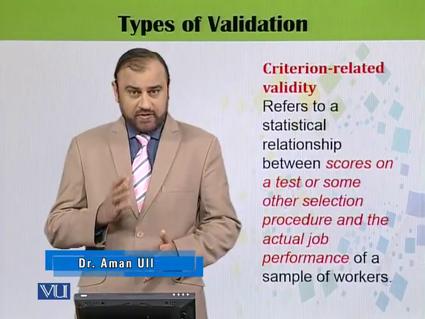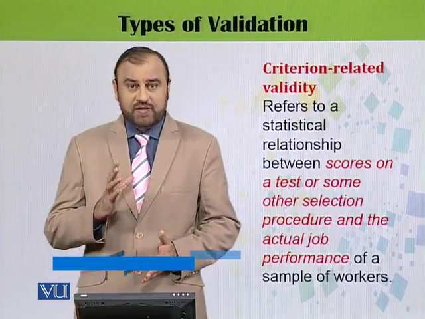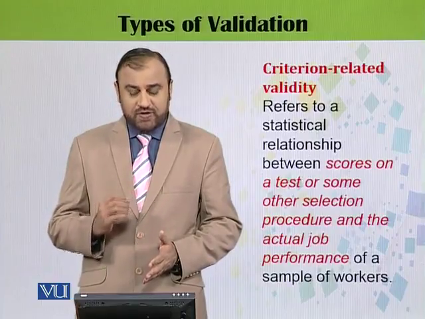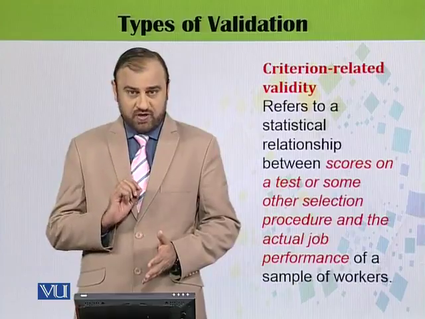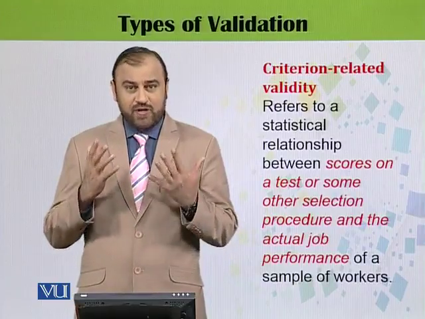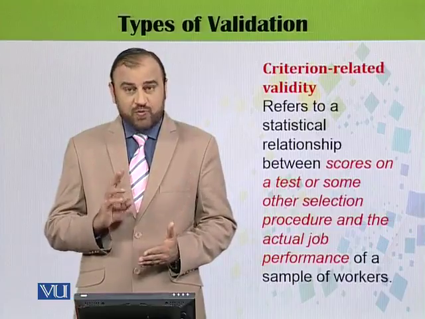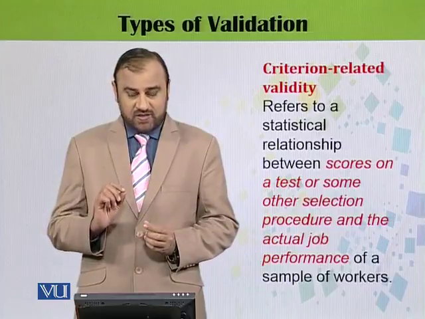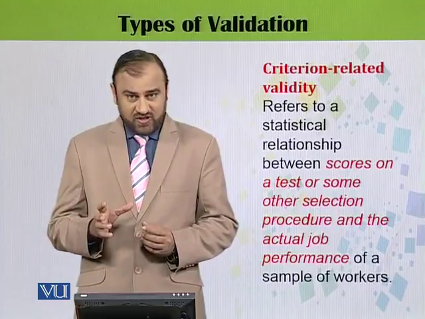What is criterion related validity? It is very important to understand the concept. Criterion related validity refers to a statistical relationship. Keep in mind that it is a statistical relationship: you have to analyze the relationship between two things, scores on a test or some other selection procedure.